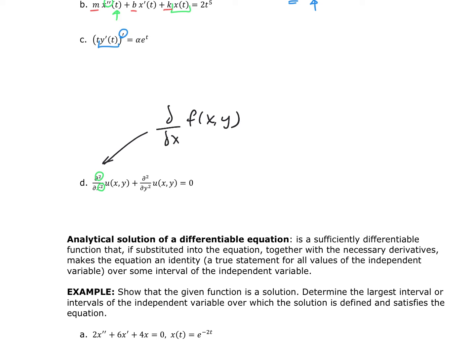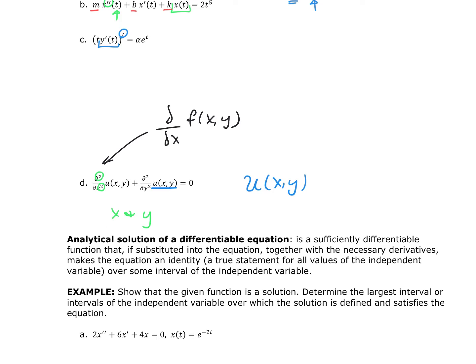And so my independents, I have 2 of them. My independents are both x and y. My dependent is that function, my function u of x comma y, and I know that this happens to be order 2. There are no parameters because everything is my function, with respect to x and with respect to y.